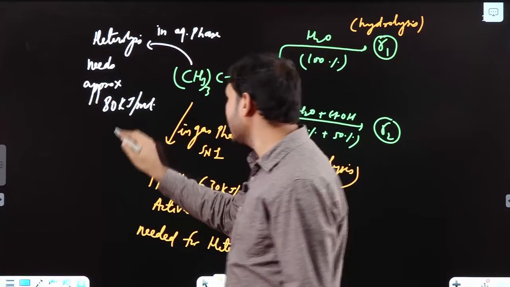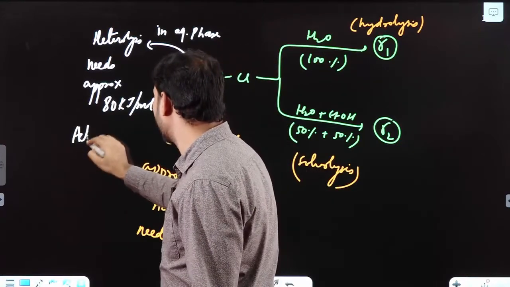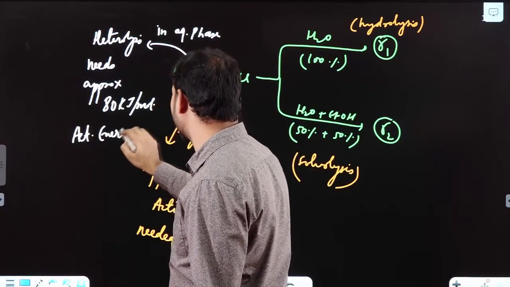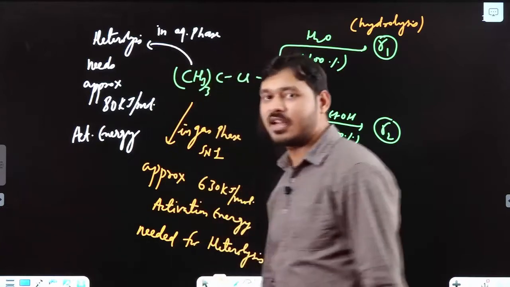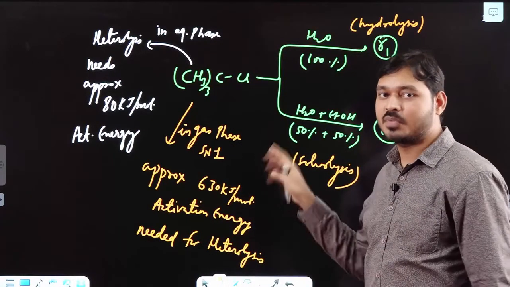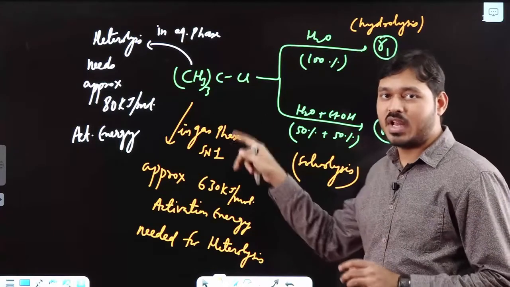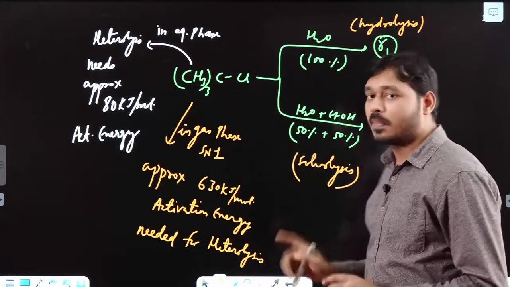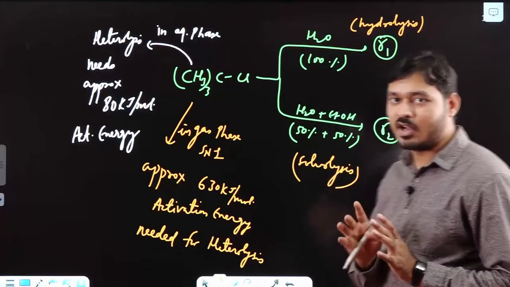So 80 kilojoule per mole activation energy. Clear? So you can understand the difference. That is why the reaction is generally catalyzed under the presence of solvent. Which solvent is used? Polar protic solvent is used. The solvent also impacts the rate of reaction.